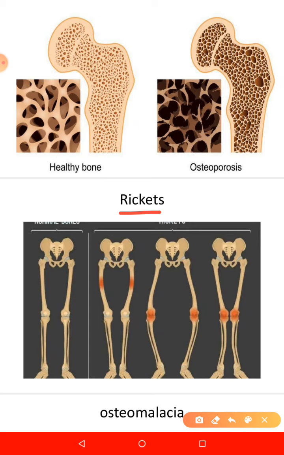It occurs due to deficiency of vitamin D. There can be deficiency of vitamin D due to insufficiency in the diet or due to inadequate exposure to sunlight. We saw how vitamin D is synthesized from UV light. So that is rickets.